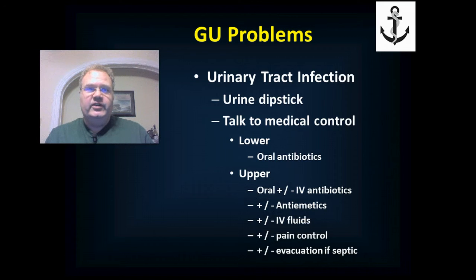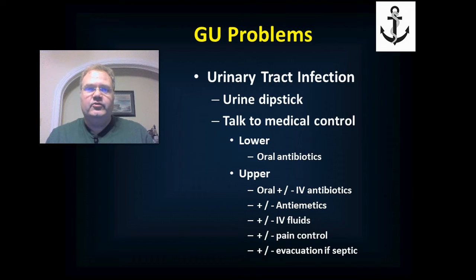So do a urine dipstick. You'll see maybe blood. You will see leukocyte esterase, possibly. You may see nitrate on the dipstick. You may see protein. It just depends on your dipstick. So talk to medical control. If it's a lower tract infection, they don't have systemic symptoms, no fevers, no chills, nothing like that, you may be able to just treat them with oral antibiotics.